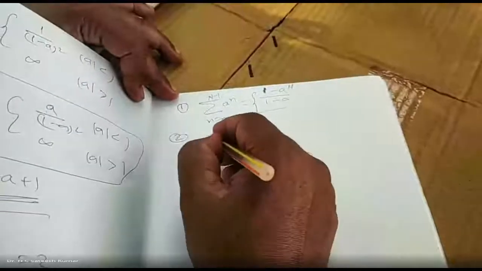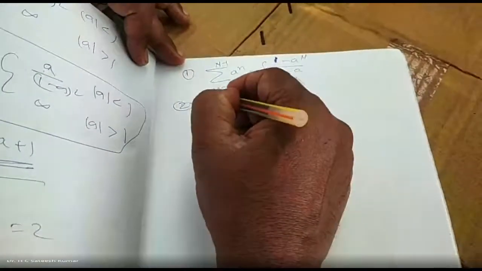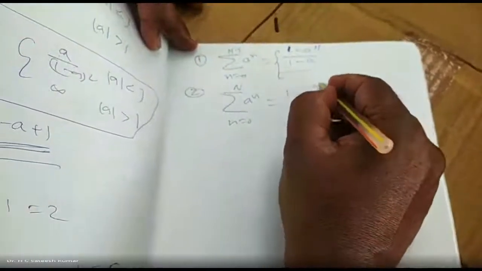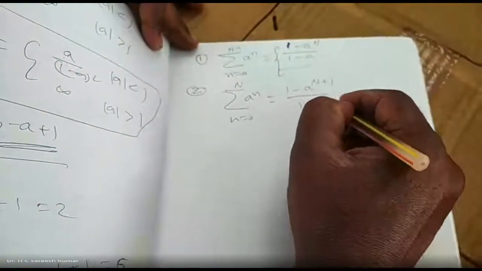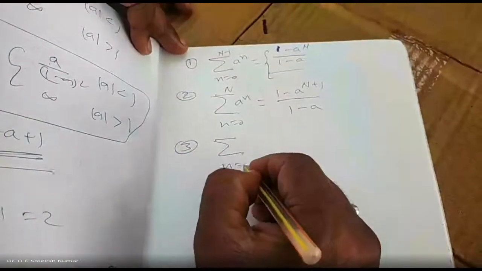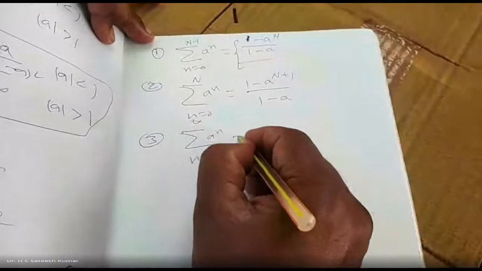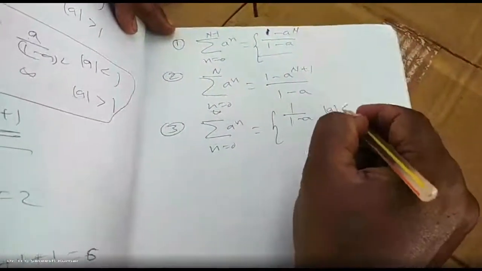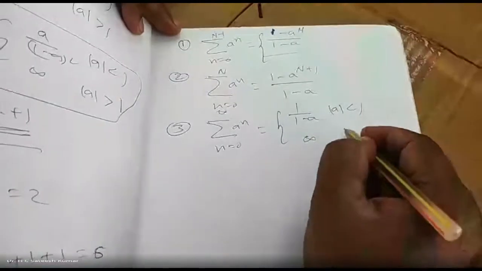Second one, summation n varies from 0 to n of a power n is equal to 1 minus a power n plus 1 divided by 1 minus a. And third one, summation n varies from 0 to infinity of a power n is equal to 1 divided by 1 minus a for magnitude of a less than 1, and is equal to infinity for magnitude of a greater than 1.